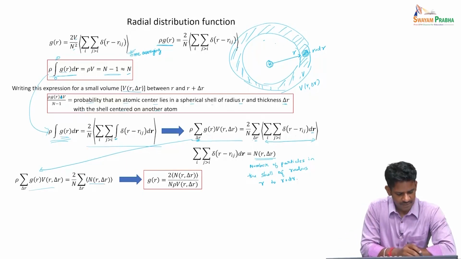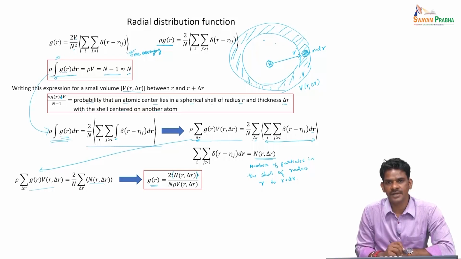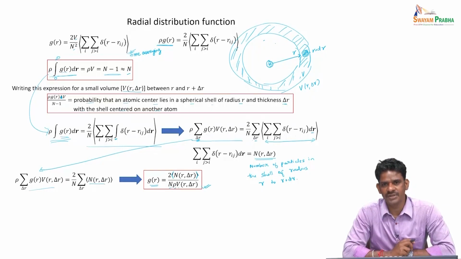So from here you see rho times g times v is equal to 2 by n times the mean n, and from here you can write g of r as 2 times the average number of particles at a distance of r to r plus dr, divided by the number of particles, the density and the volume. So we will take this as a definition that can be used in MD simulations.